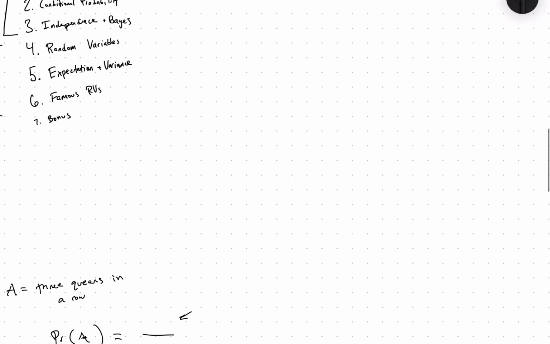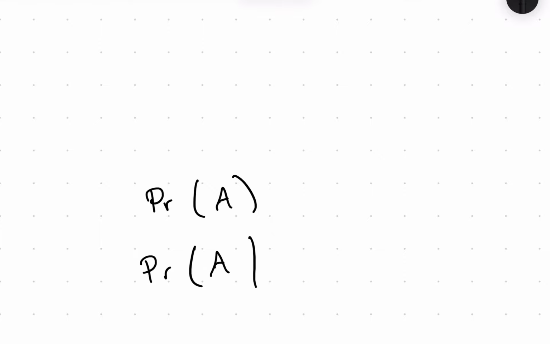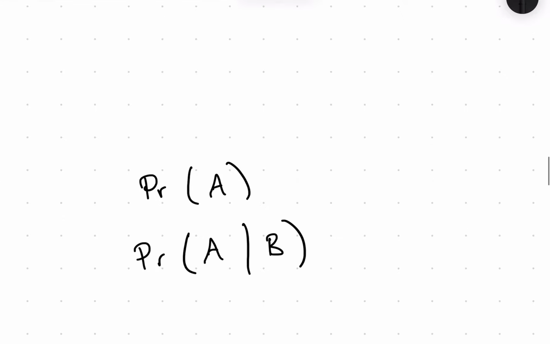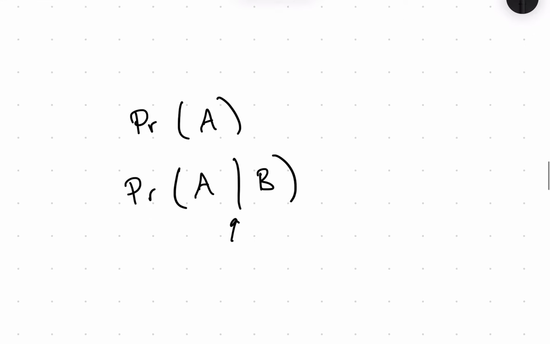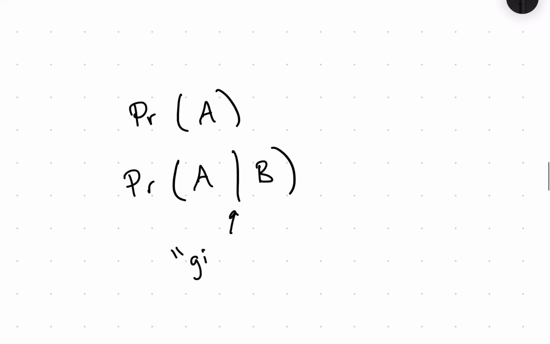Now we're going to move on to number 2, conditional probability. Before, we had the probability of an event taking place, and now we want the probability of an event taking place given that another event has taken place. This symbol means given. It looks weird, but you definitely get used to it.